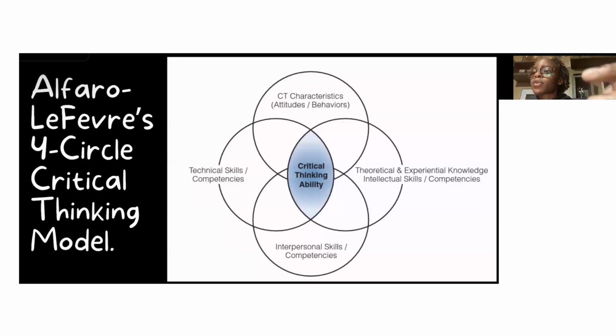Next, you're supposed to be able to acquire theoretical and experiential knowledge, as well as intellectual skills that relate to critical thinking in a particular situation. You have to take responsibility and seek out learning experiences to help you get that theoretical and experiential knowledge. In this case, it's a lot of practice.